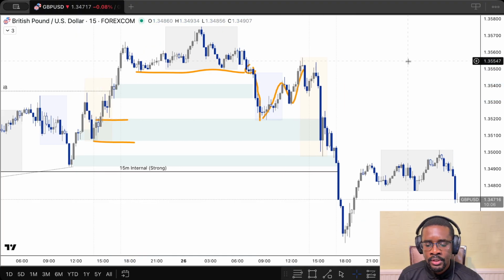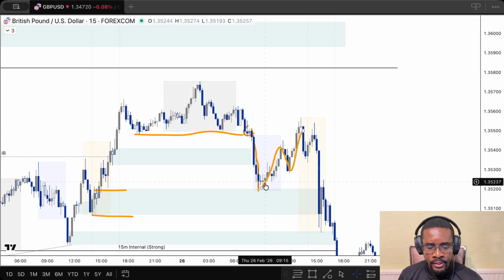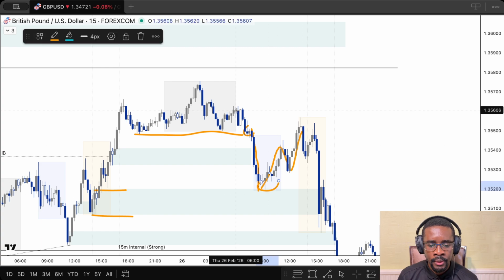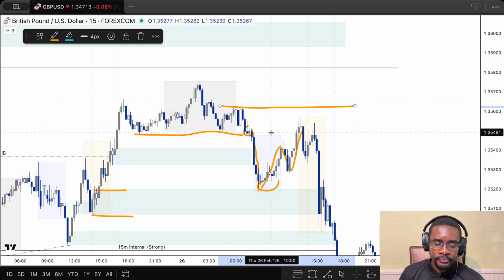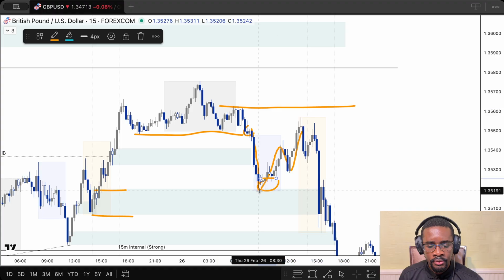Once price dropped all the way down there, if I was looking for buys, there would only be maybe up to this area. But you could also look for buys just targeting 3R, anywhere 2R, 3R, 4R, on the lower time frames, 5 minutes, 1 minute, and you'll be good.